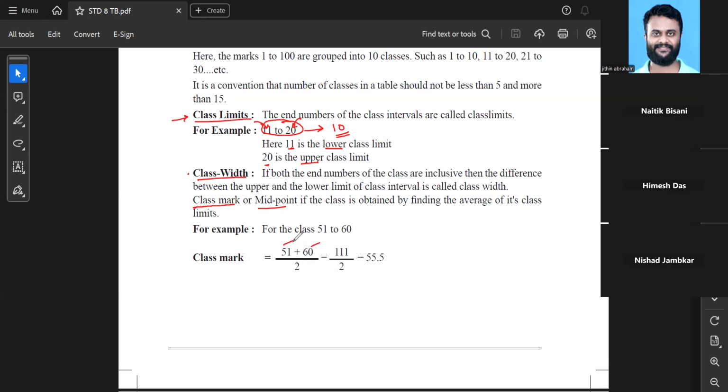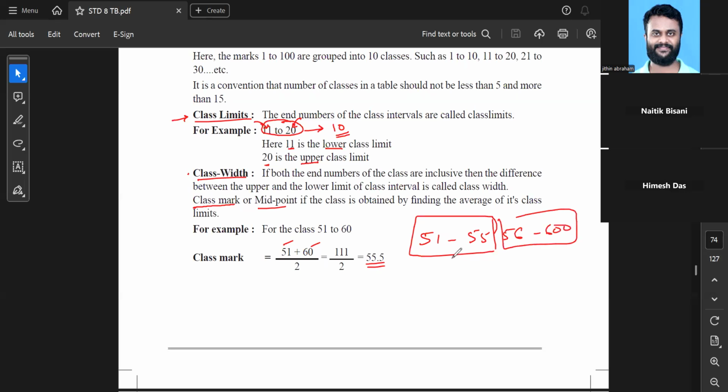So in this case, your midpoint will be 55.5, which is logically correct because 51 से लेकर 55 तक तुम्हारे लेफ्ट साइड में होता है, 56 से लेकर 60 तक तुम्हारे राइट साइड में होता है. इधर भी 5 एलिमेंट्स हैं, इधर भी 5 एलिमेंट्स हैं, तो एग्जैक्ट सेंटर पॉइंट is the point between 55 and 56, which is nothing but 55.5. I hope it's clear.